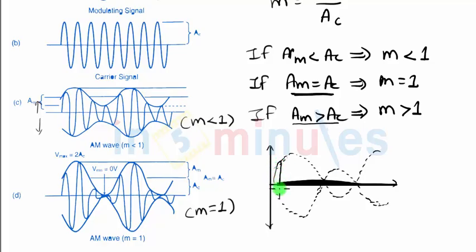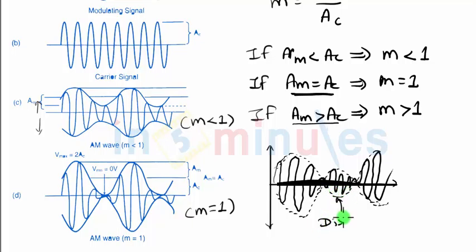Your AM signal will be available between the two envelopes, but what will go wrong is the overlapping of the two envelopes. So this is a region where the two envelopes will overlap each other, and this is a region where the signal gets distorted. This generates distortion in the signal.